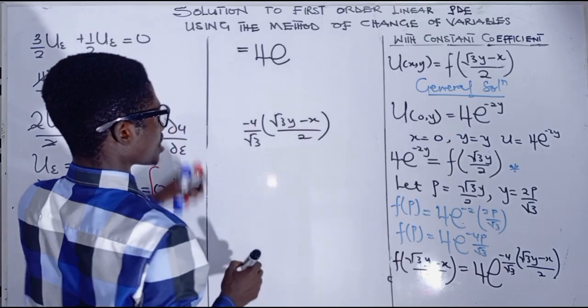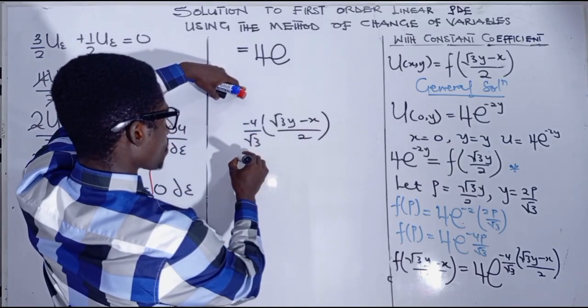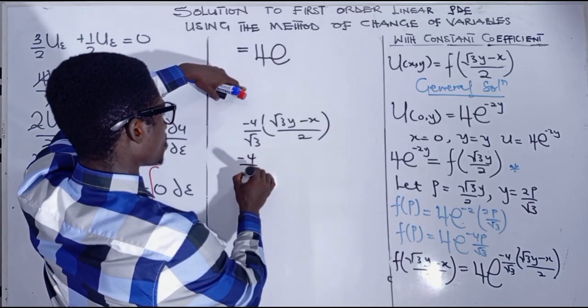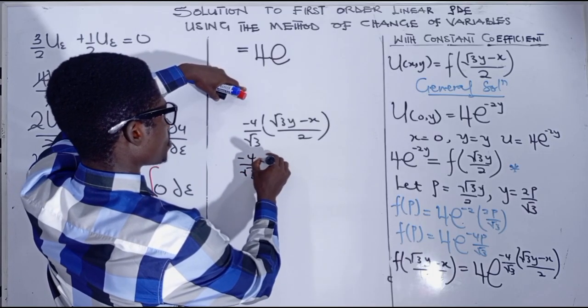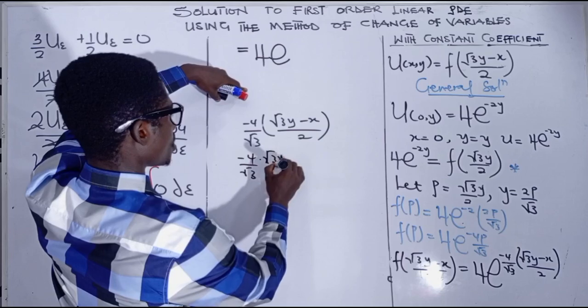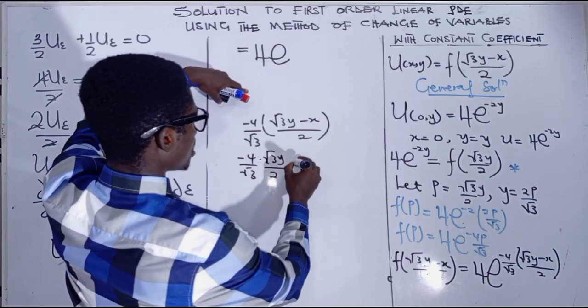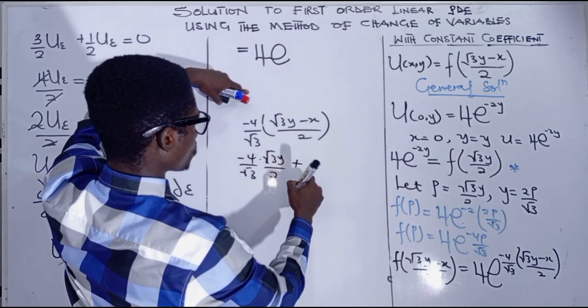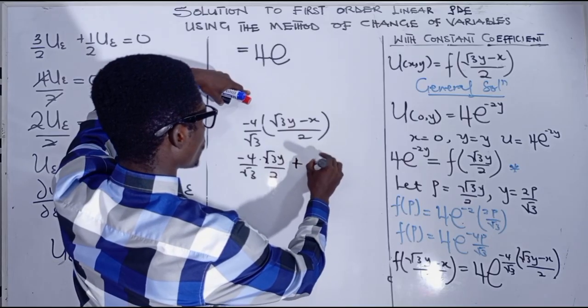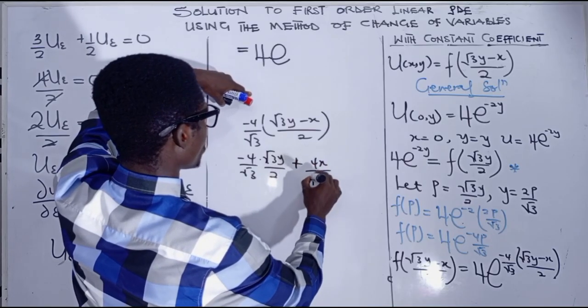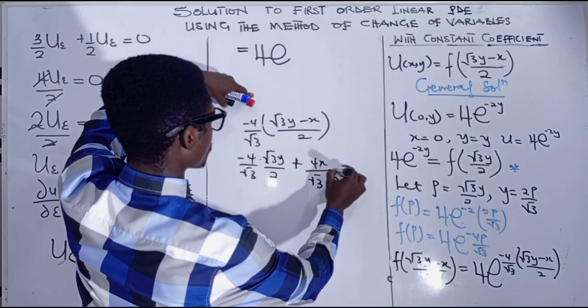When we expand the bracket, we get minus 4 over root 3 multiplying root 3y all over 2, and this will give us positive 4x all over root 3 multiplying 2.